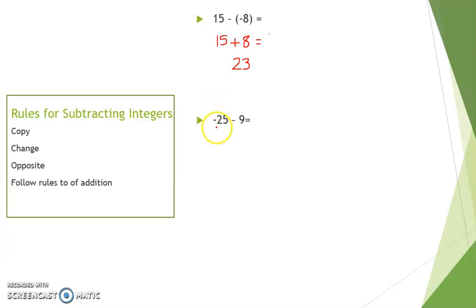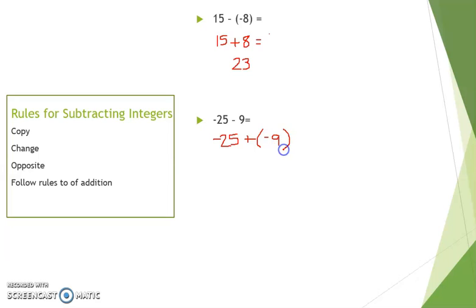In our next example, we have negative 25 minus 9. Again, we're going to keep the first number, so negative 25. We're going to change that subtraction sign to an addition sign. And then we're going to flip to the opposite. So we have a positive 9 in our original equation, so we're going to change that to a negative 9.